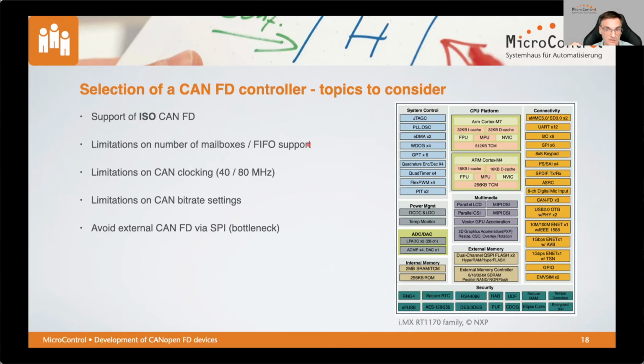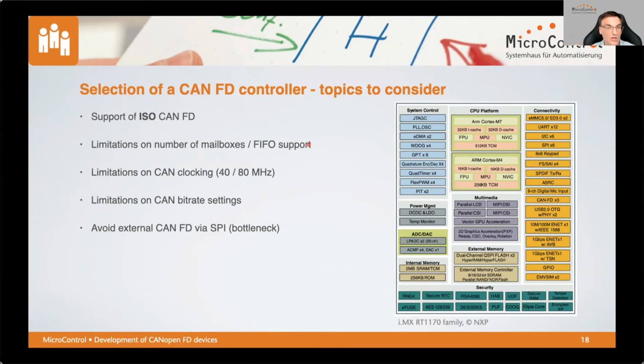This device tells us it has 3 times CAN FD. So if you select a controller like this one, then the first thing you have to have a look into the data sheet is, does it support ISO CAN FD? You see here, I marked it in highlighted letters. ISO CAN FD is the important word.